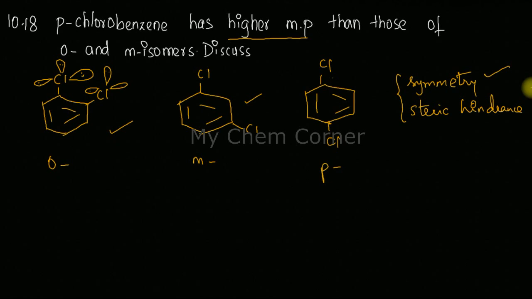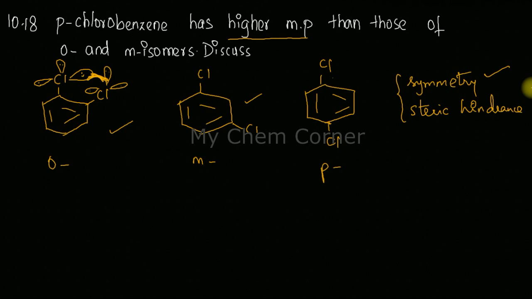Now when you have such a molecule with these many unpaired electrons, there will be steric hindrance between these two. And the stability of the molecule will be the least in the case of the ortho isomer. In meta you will also have some steric hindrance, but it is much lesser when compared to the ortho isomer.